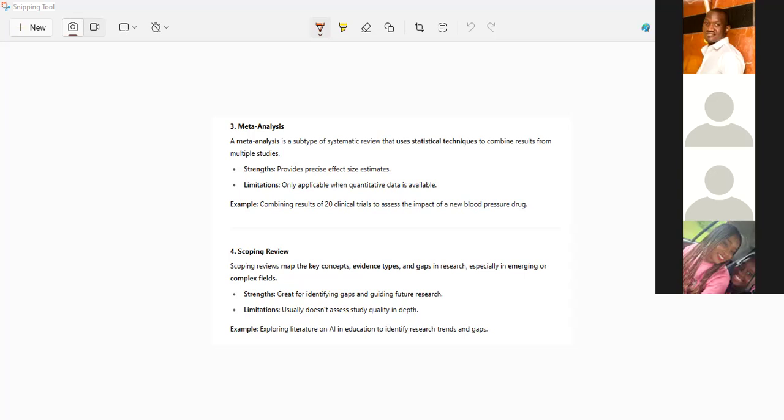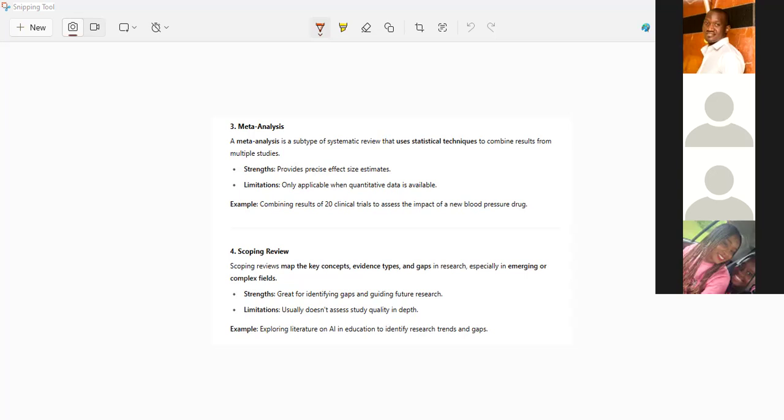Lastly, but not the least, we have what we call a scoping review. A scoping review is used when you want to map the existing literature on a broad topic, especially where the field is complex and emerging. Unlike systematic reviews, the scoping review doesn't typically assess the quality of evidence in detail, but it focuses on the key themes, the research gaps, and future directions.